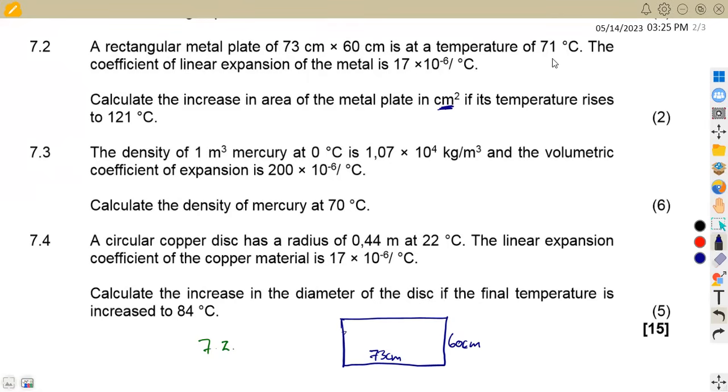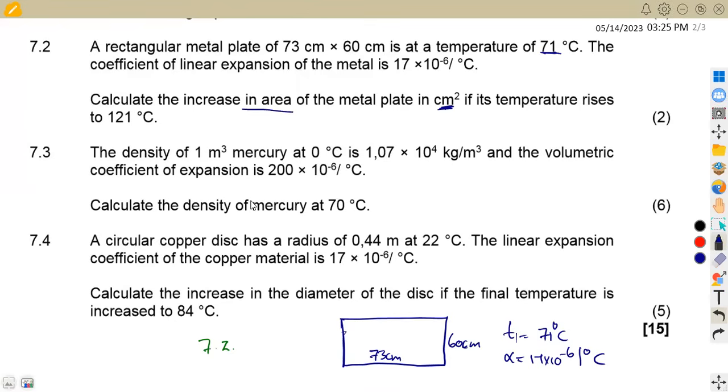The initial temperature is 71 degrees Celsius. The coefficient of linear expansion we are already given for the material is 17 times 10 to the exponent of -6 per degree Celsius. Calculate the increase in area.